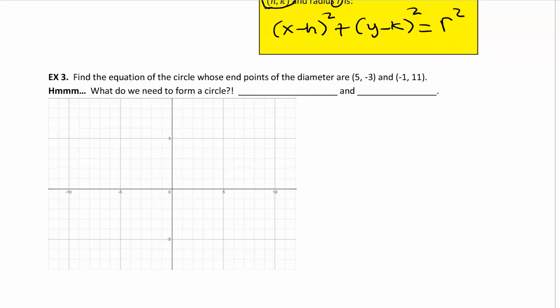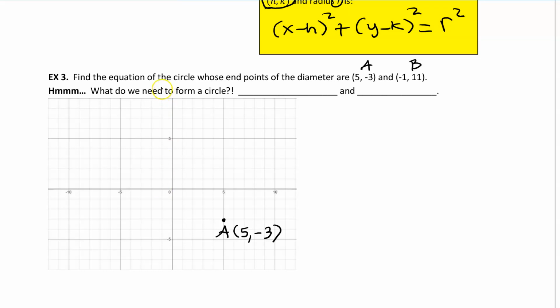All right, here we go. You have the point 5, negative 3. Let's call that point A, 5, negative 3. And let's call this point B, just so we have a reference. Negative 1, up 11.